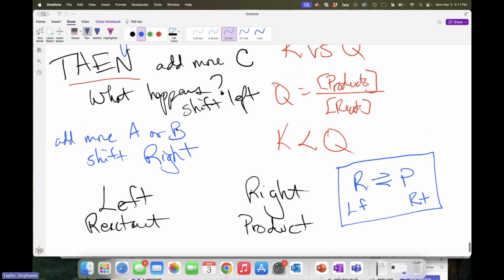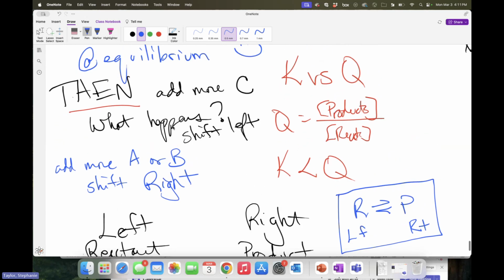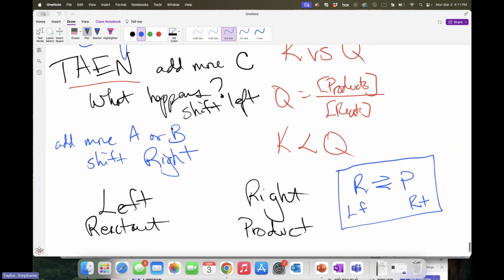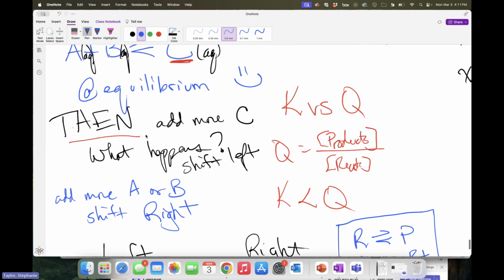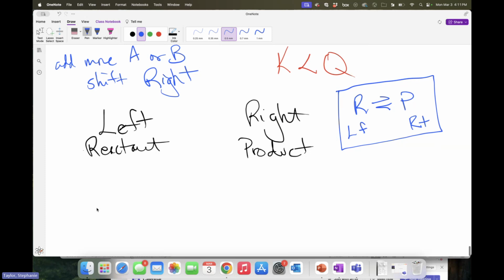So again, there is a whole list. Adding more reactant, shift to products or shift to the right; adding more products, shift to the left, towards the reactants. We could also take away products or reactants. That's a very similar idea.